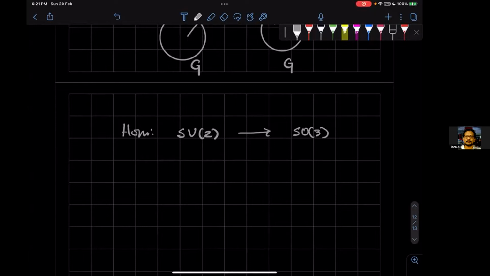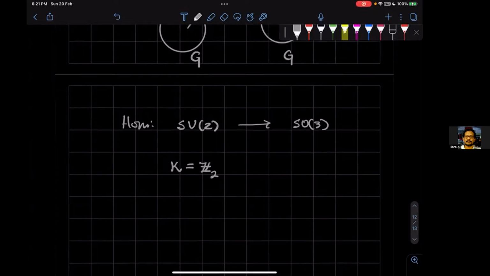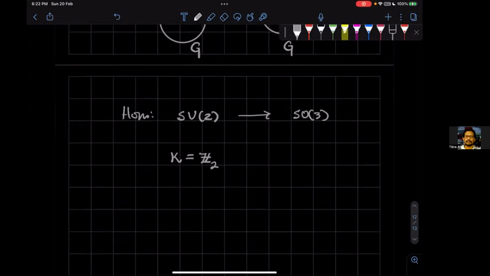We will see that in that case, K is going to be non-trivial. It'll be Z2, and therefore we will find that there is an isomorphism between SU2 over Z2 and SO3.